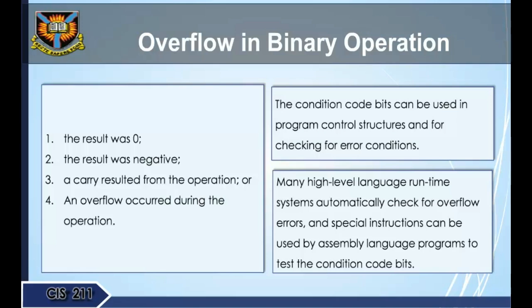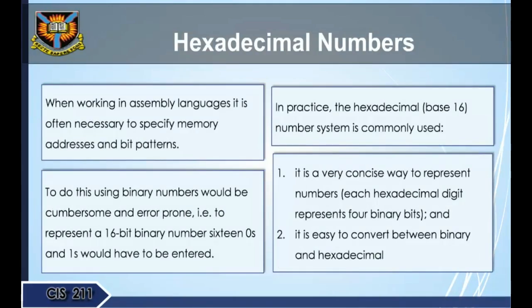The condition code bits can be used in program control structures and for checking for error conditions. Many high-level language runtime systems automatically check for overflow errors, and special instructions can be used by assembly language programs to test the condition code bits.